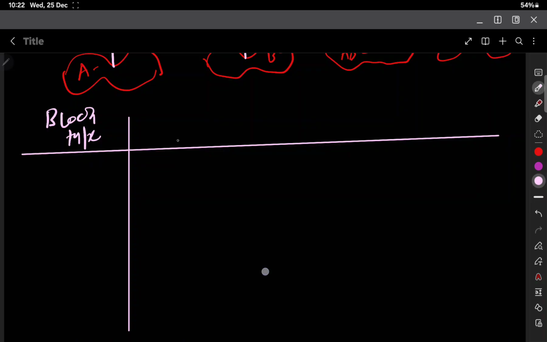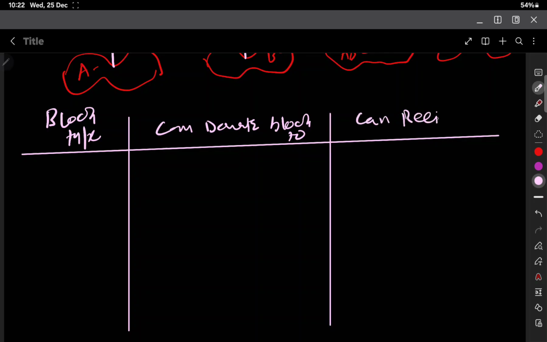Second one is can donate blood to, and third one is can receive blood from. So we have different types here: A positive, O positive, B positive, AB positive. So first I will go to the positives.